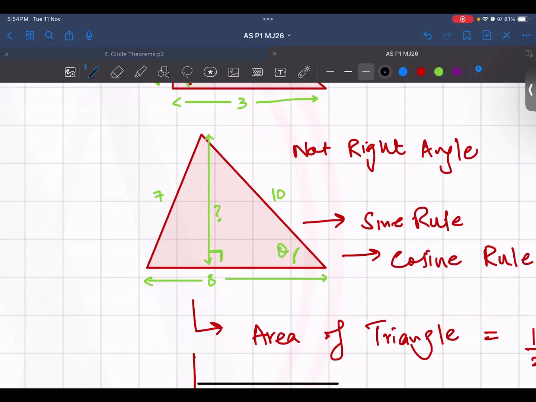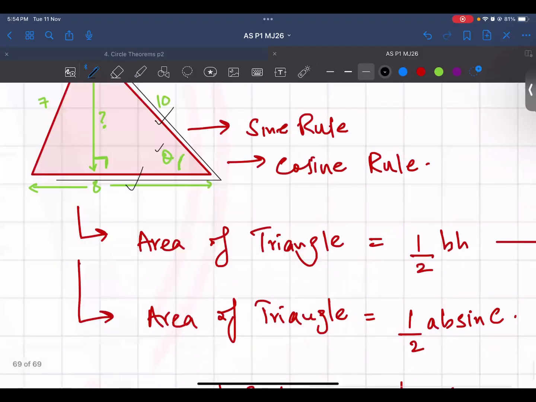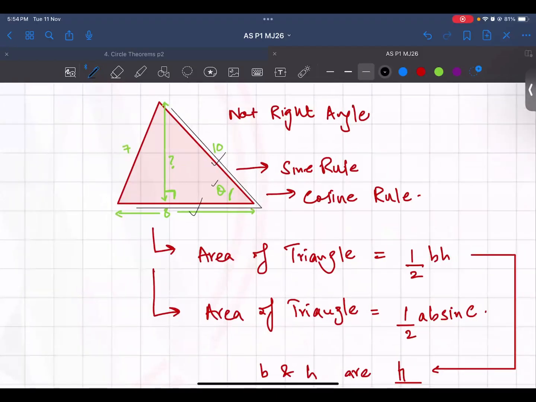Half AB sine C works like a V. This is your V shape, and for your V shape, you should have two adjacent sides and the angle in between them. Then you can use half AB sine C. Half AB sine C will be used when you have two adjacent sides and the angle in between them. The angle in between is your C angle. Half A and B are the sides, and the angle between those two sides is your C.